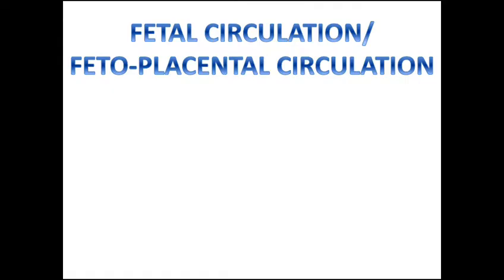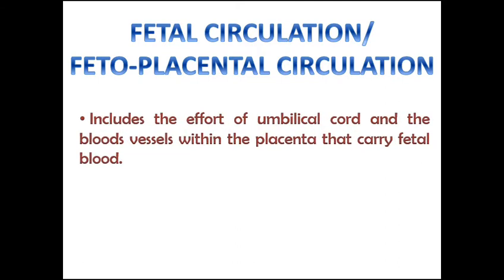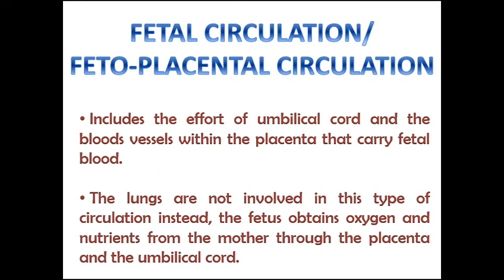The fetal circulation, or fetoplacental circulation, includes the umbilical cord and the blood vessels within the placenta that carry the fetal blood. And the lungs are not involved in this type of circulation. This is the main difference that we see between the prenatal and postnatal circulation.